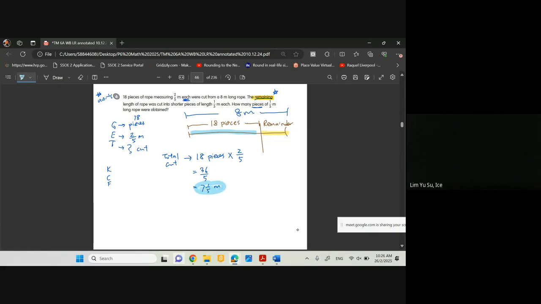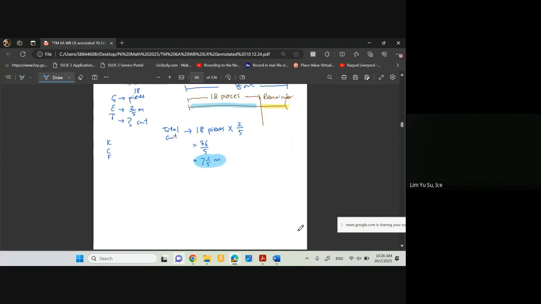Now, can I find the remainder? The story goes on. So the remaining rope will be 8 meters minus 7 and 1/5 meters.